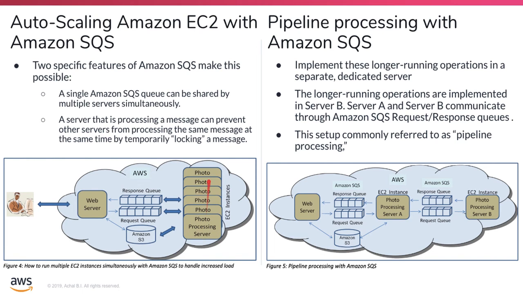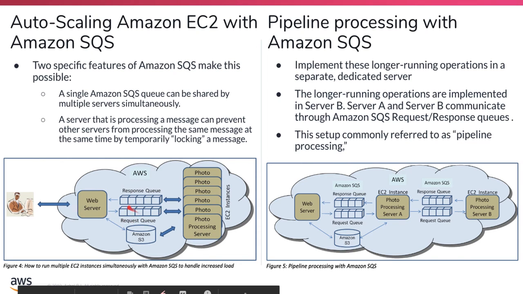And these photo processing servers can be at any scale. As and when the request comes in, your CloudWatch can find out the size of the queue, and based on that, EC2 instances can be spun up, and the scale of the EC2 instances can be dependent on the size of the queue.